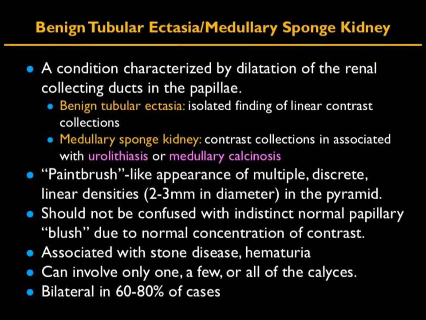Now, benign tubular ectasia, as we said, is an isolated finding of linear contrast collections, while sponge kidney is associated with urolithiasis or medullary calcinosis. So in order to call it a medullary sponge kidney, you need to have those calcifications. Again, this paintbrush-like appearance, and whether or not you have stone disease becomes very important, and these are commonly bilateral.